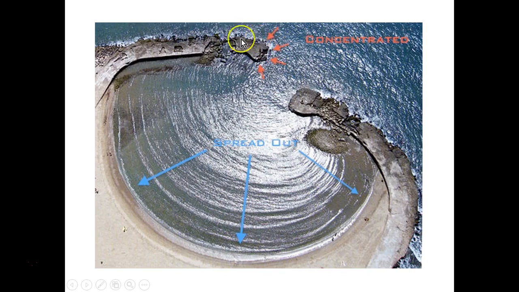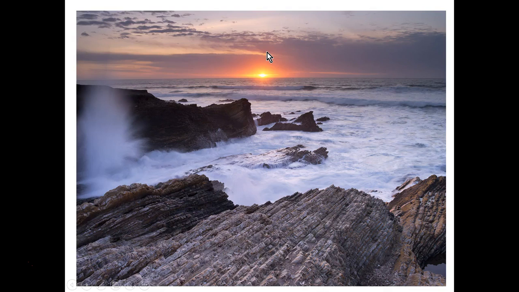Now the reason why this is not a nice sandy area is because the waves are directed right at that. Okay, and so that can create a kind of topography like what we see along our north coast, right? If you go out to Point Reyes or anywhere along the beach, what you're going to see is areas where land is jutting out, and then you're going to have little nice, more sheltered beaches as well.